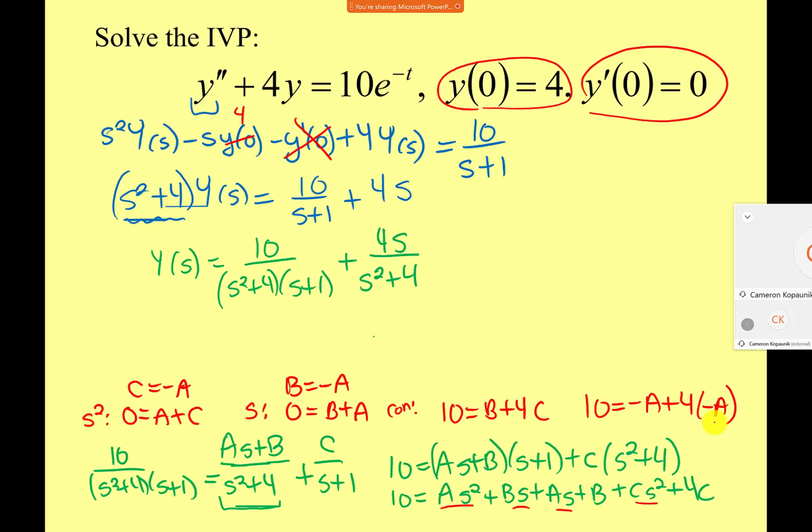Oh, it's not. That's negative 5, so that's negative 5A. So it looks like A is negative 2 because these combined are negative 5A. And now B in terms of A is just the negative, so it's 2, and C is also 2.